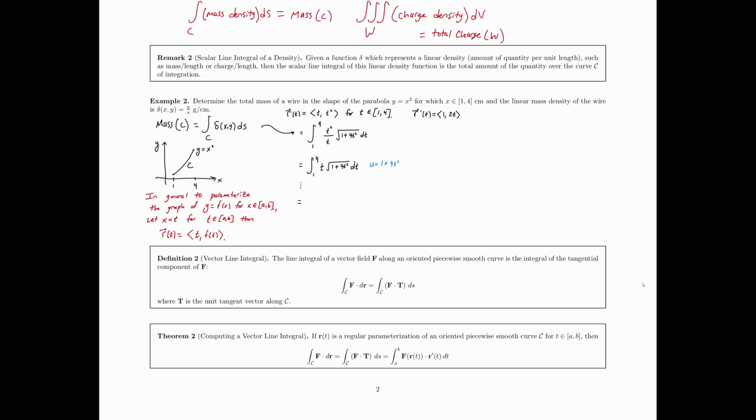We can get an exact answer for this, but I will go ahead and just write down for the sake of being quick, the decimal. So the decimal here is 42.7, and the units on this would be grams.